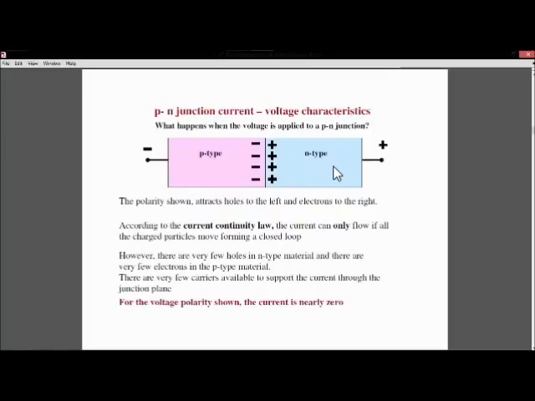However, there are few holes in the N-type material and few electrons in the P-type material. These are known as minority charge carriers, and there are very few carriers available to support current through the junction plane. So with the voltage polarity shown, the current is nearly zero.